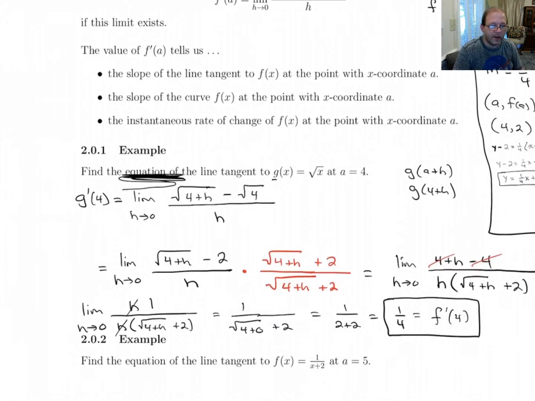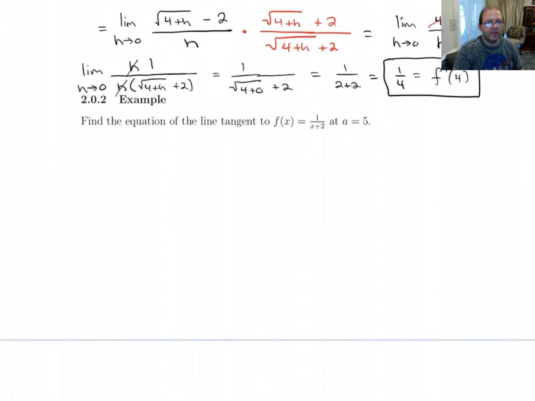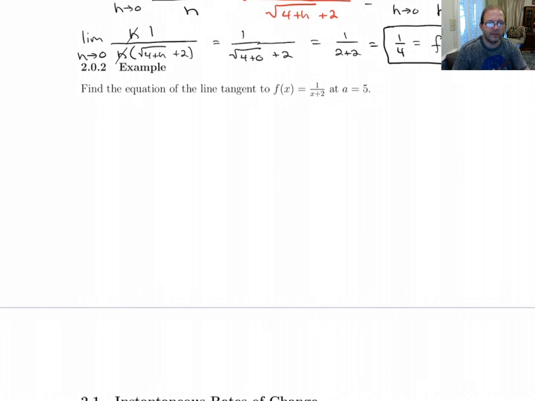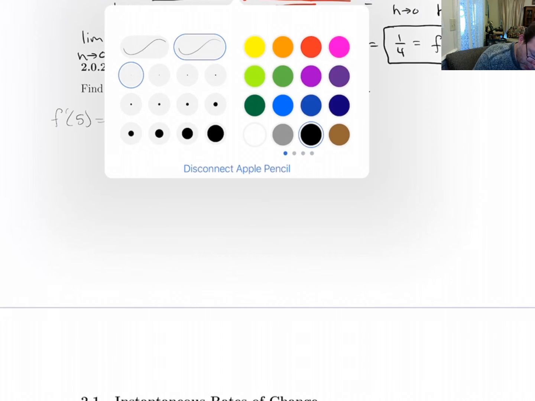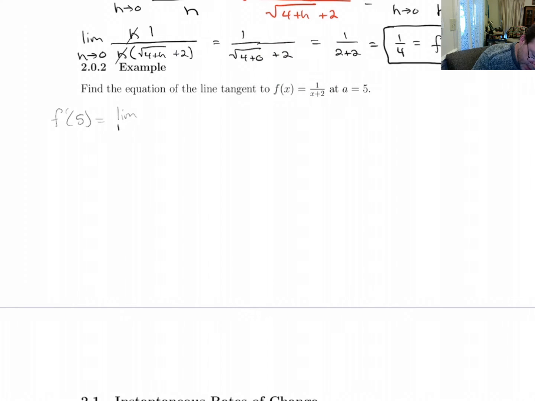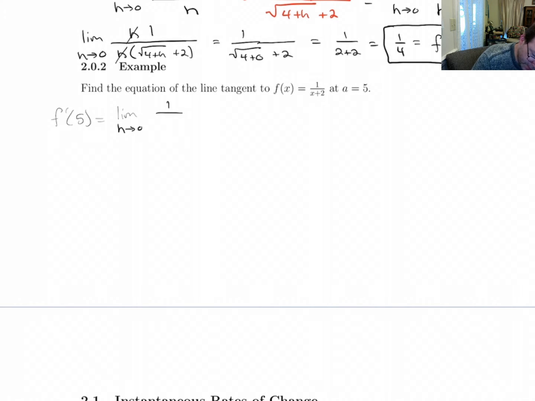All right. This next example, find the equation of the line tangent to this thing at a equals 5. Let's do that one. Again, f prime of 5 is the limit as h goes to 0 of 1 over, let's see, this is supposed to be f of a plus h minus f of a.